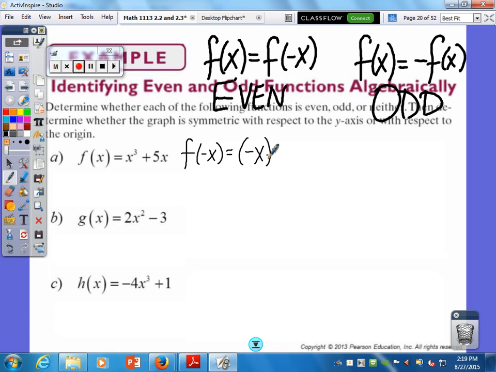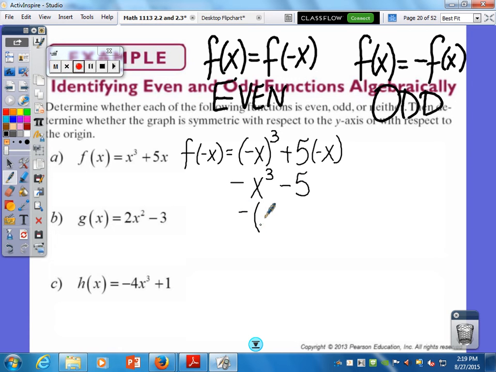So negative x cubed plus 5 times negative x. Now we already know that negative x cubed becomes negative x cubed. And then positive 5 times a negative x gives me a negative 5x. And then, can I factor out a negative? Aren't these both negatives?